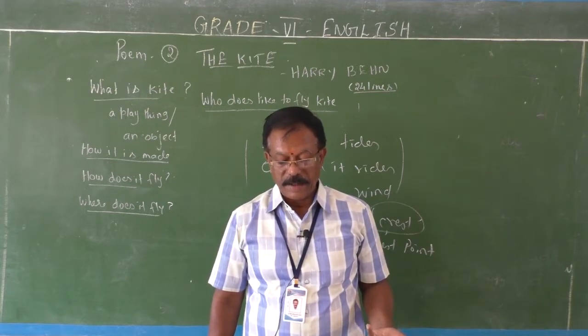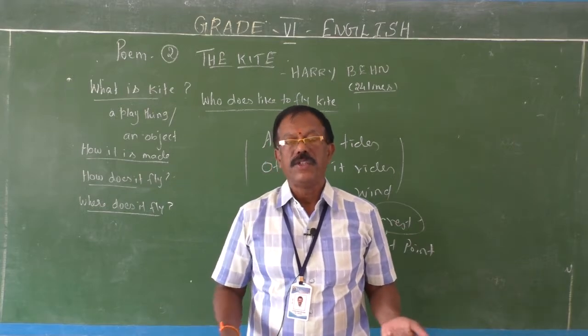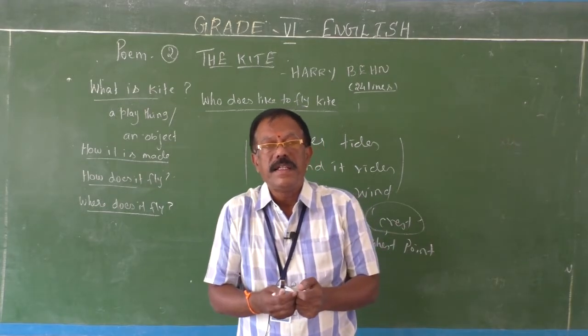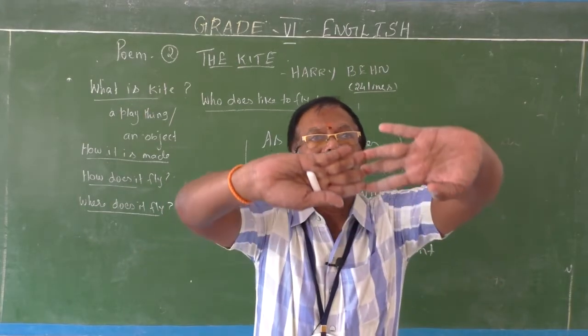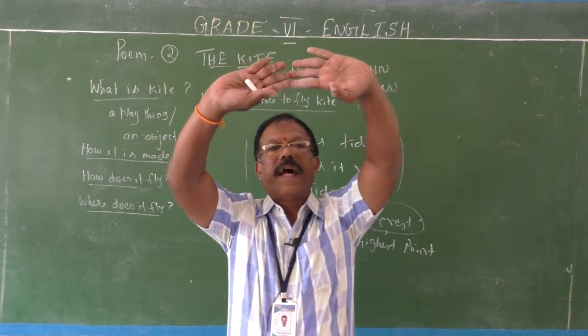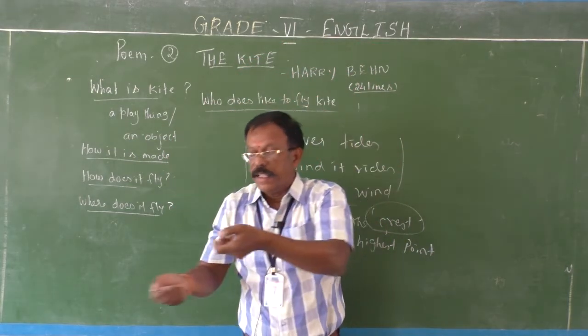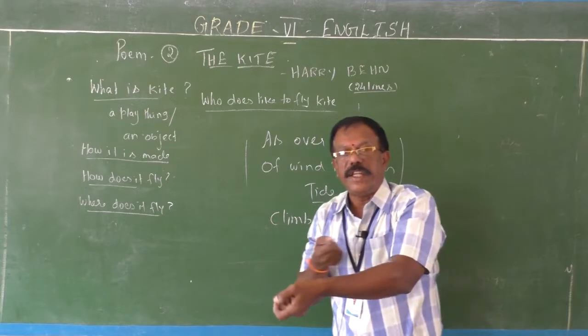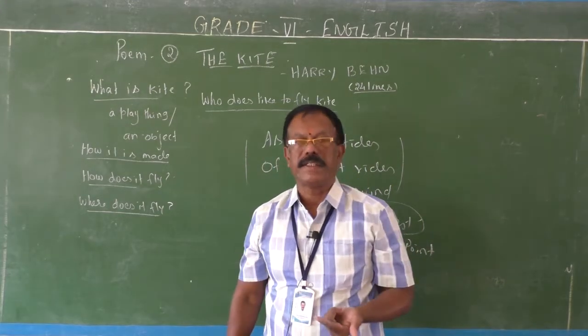Then what happens? Of a gust and pulls. Gust means a sudden strong wind. So a sudden and strong wind slowly raises the height of the kite, then it pulls the string also from the coil. That's important.